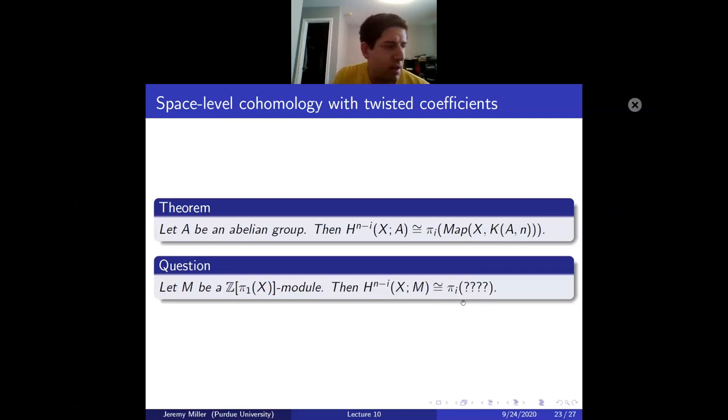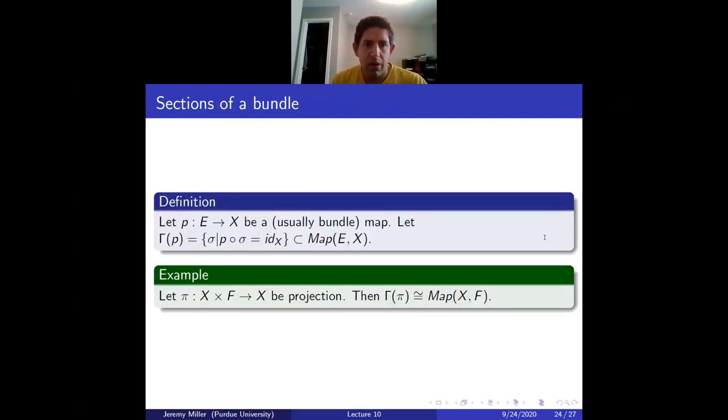And the answer is you replace a mapping space with a section space, which is sort of like a twisted mapping space. So let me remind people what a section of a bundle is. Let p from E to B be a map.